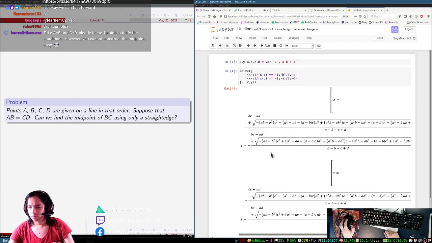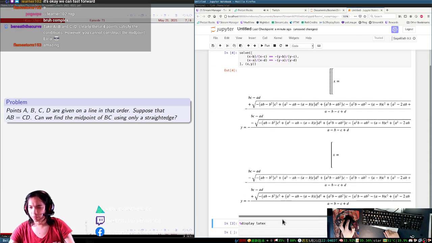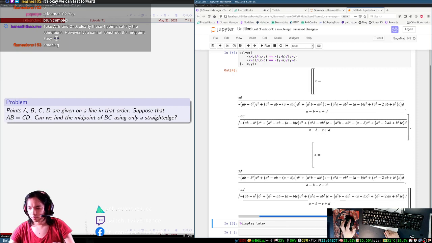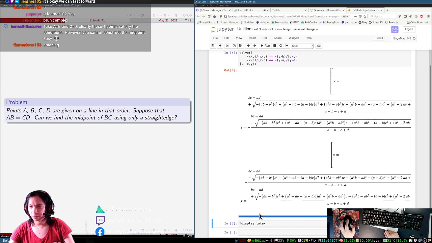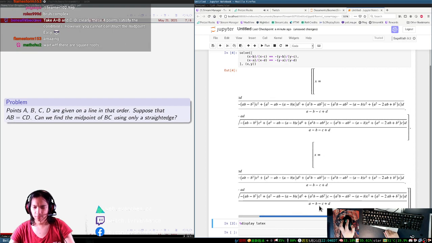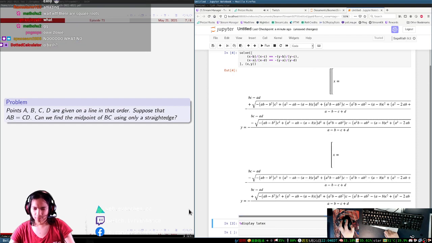Oh! Wait. So we're just done, right? That's not... the square roots. So the answer is no. Wait, is that just it? But it's a square root. I didn't realize it was a square root. So that's it, right?